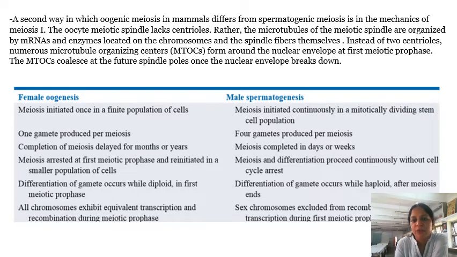Rather, microtubules of the meiotic spindle are organized by mRNA and enzymes located on the chromosome and spindle fibers themselves. Instead of two centrioles, numerous microtubule organizing centers form around the nuclear envelope at first meiotic prophase, and these then join together once the nuclear envelope breaks down.